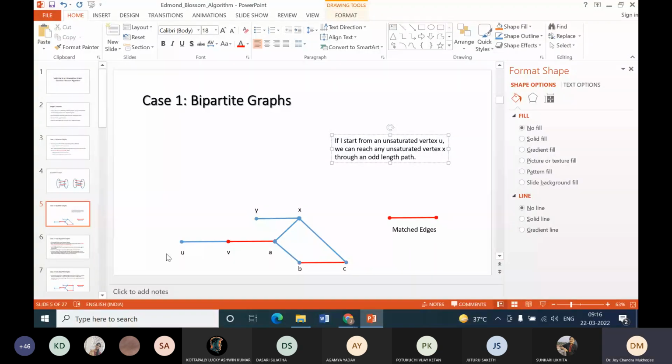ये भी एक odd length path है, ये भी एक odd length path है. So as a result, the direction of search for an unsaturated vertex X does not matter.